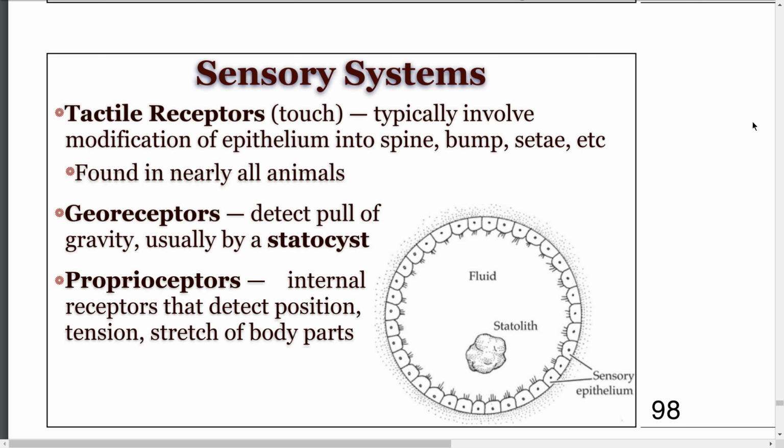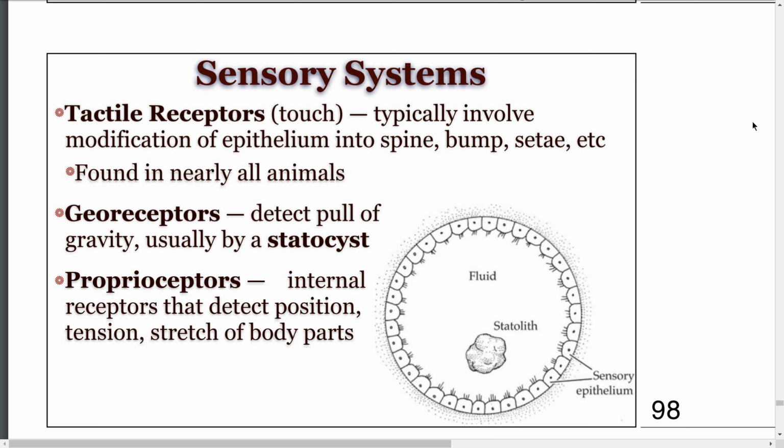A statocyst is a specific kind of georeceptor that's fairly common, and it's basically a sphere of cells that form a hollow sphere filled with a fluid, and inside that fluid is a statolith. Lith means rock. Usually this is a little mineralized bit of calcium carbonate crystallized inside that fluid, and it's denser than the fluid, so it tends to go down.